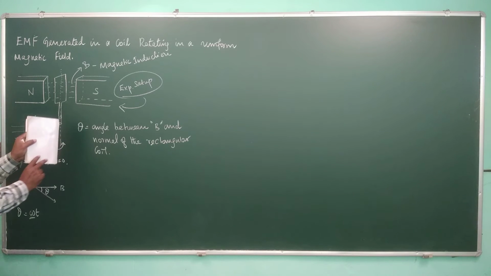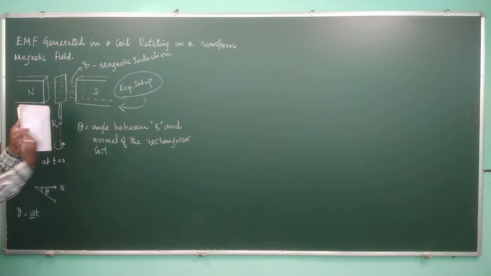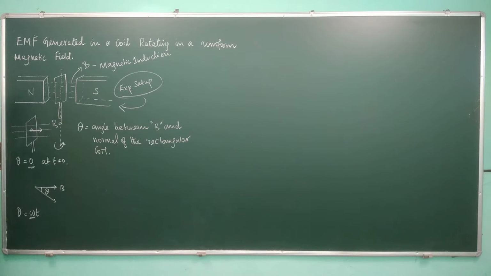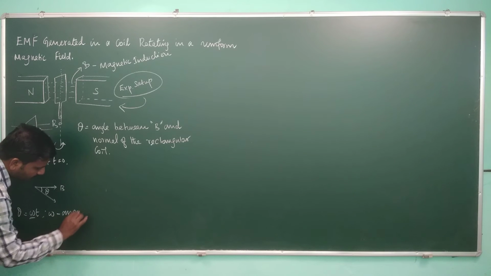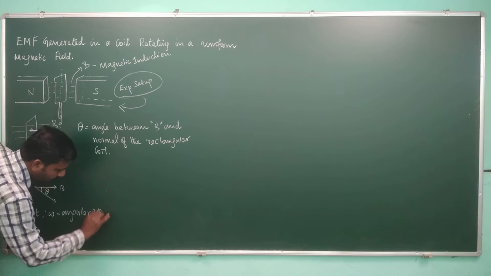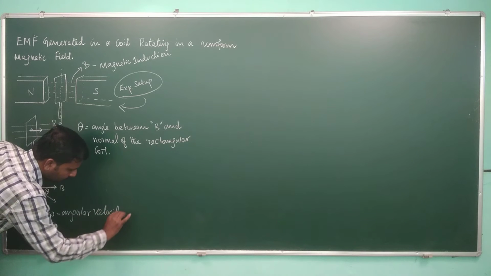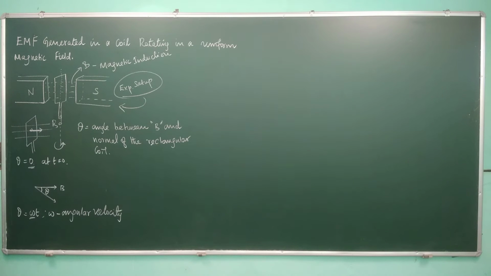We are going to rotate the coil about an axis, it's a circular motion. For that circular motion, omega is angular velocity.